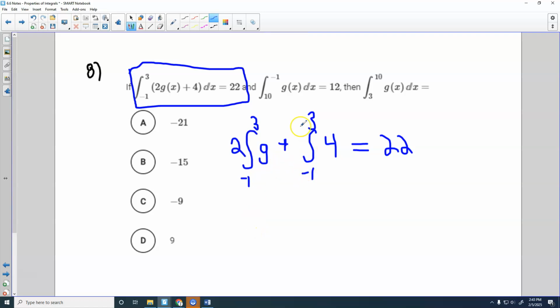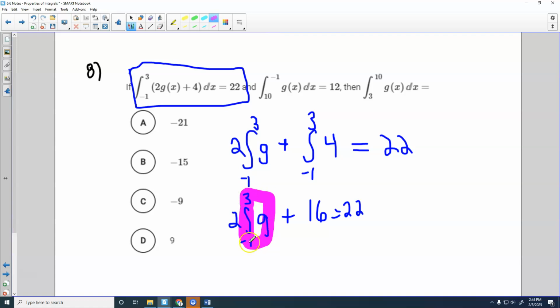What is the integral from negative 1 to 3 of 4? It's 16, because the length of the interval is 4, and we multiply it by that constant, which is 4, so we'll get 16 here. So we've got 2 times the integral from negative 1 to 3 of g, and this equals 22. And it's going to be helpful to me to know this right here.